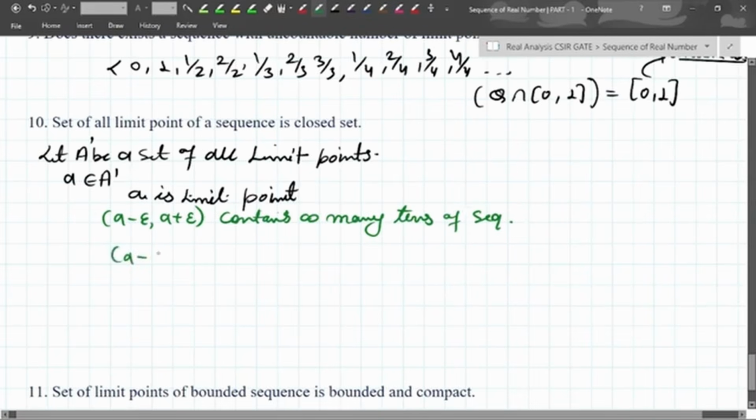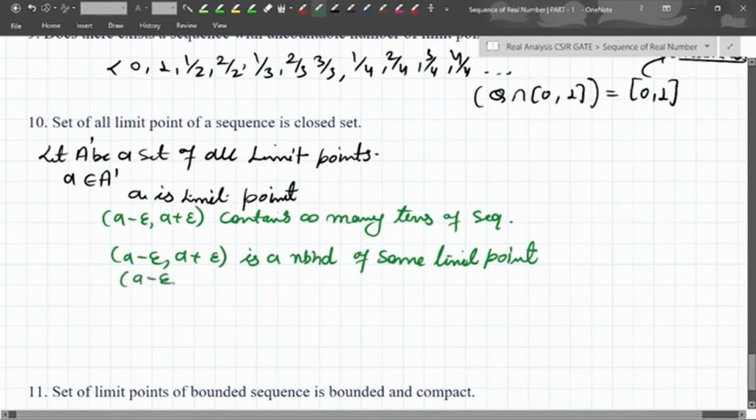It means a minus epsilon, a plus epsilon is a neighborhood of some limit point, and here it has infinitely many terms of the sequence a n.